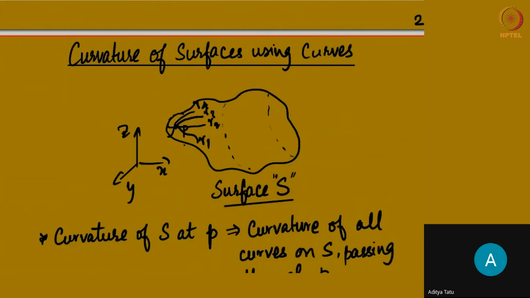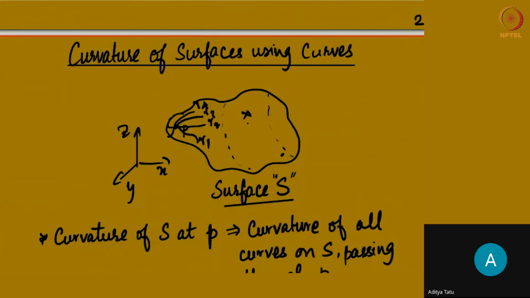So can I use this collection of curvatures in order to capture how curved the surface is at that point P? I forgot to mention that curvature even for a surface is a local property. The curvature at this point of the surface and this point of the surface may be completely different. So can I just use curves?